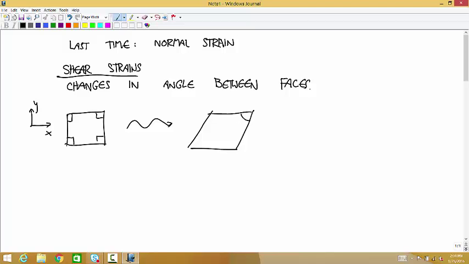And I'm going to call this angle theta xy, where theta xy is the angle between the positive x and positive y face.